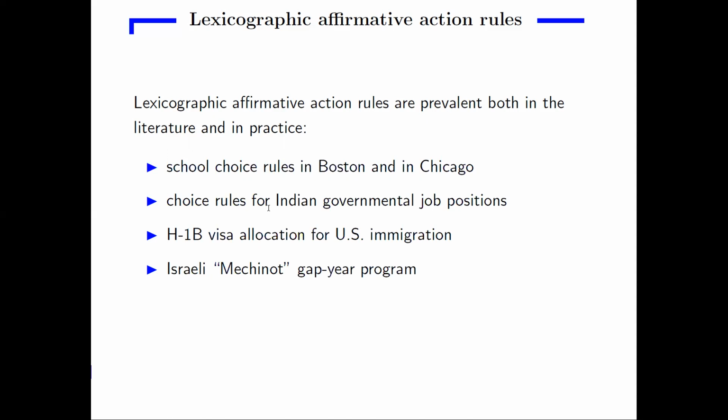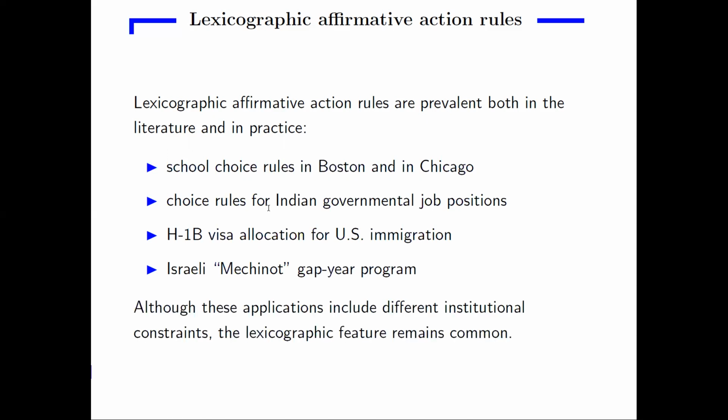In Israeli army branch matching, we see them. These applications have different details, but the lexicographic feature remains in common. Different versions of a lexicographic rule are applied in these, and the question is which one is serving the purposes better? That is a mystery in some sense. There are some empirical studies on that, which have been very successful, but there is no theoretical analysis.